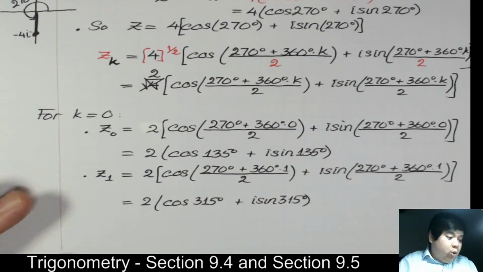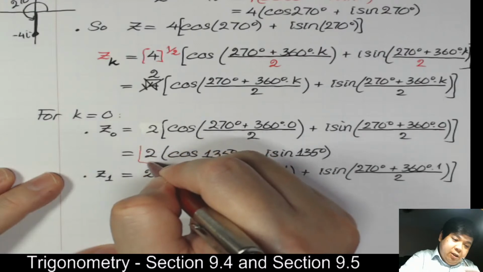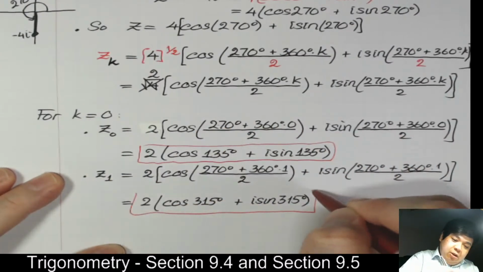So there are two square roots of negative 4i. This is the first one, and this is the second one.